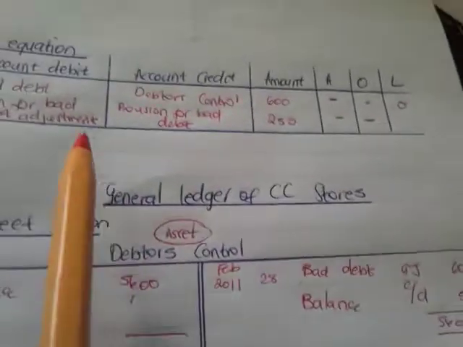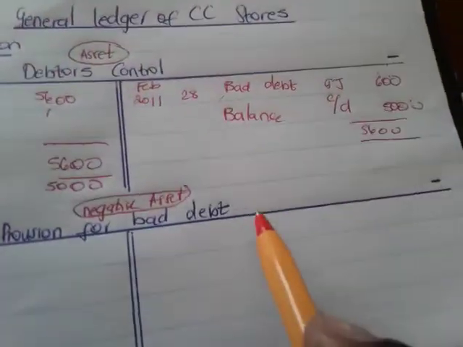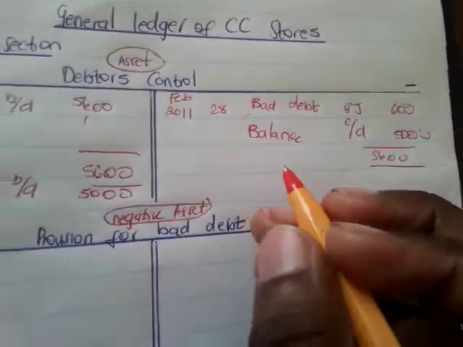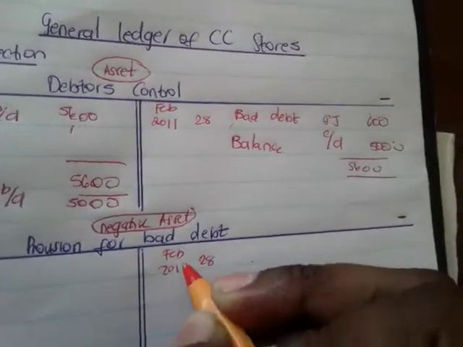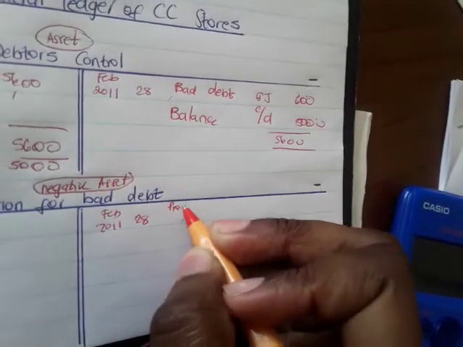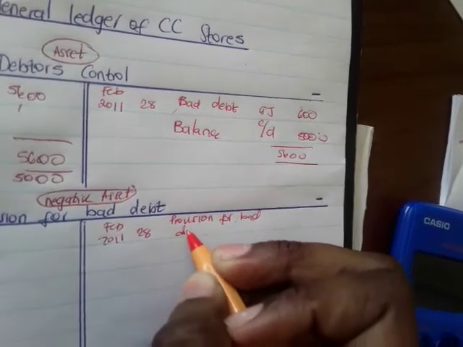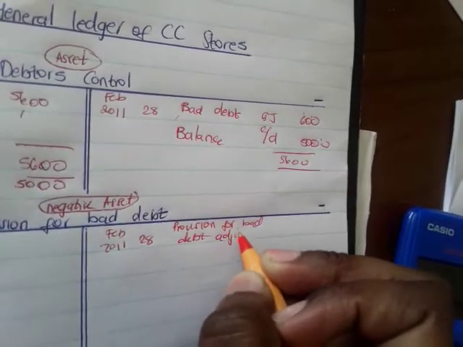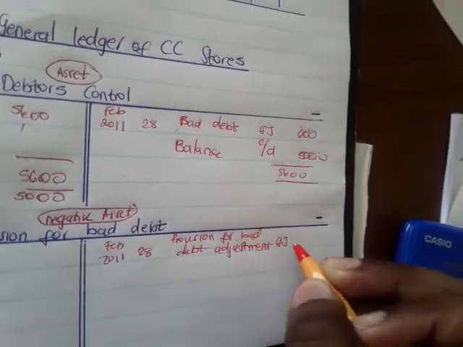So since we had two accounts that were affected, provision for bad debts adjustment and provision for bad debts, our details will be provision for bad debts adjustment, which was at the end of the year, right? So it is provision for bad debt adjustment. Okay, so it is journal.